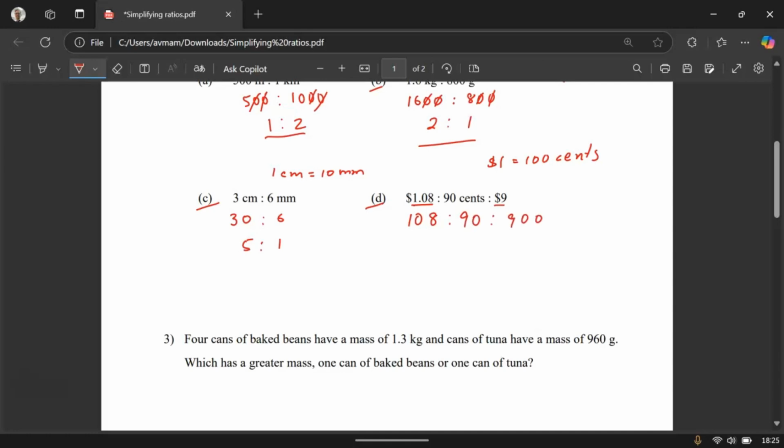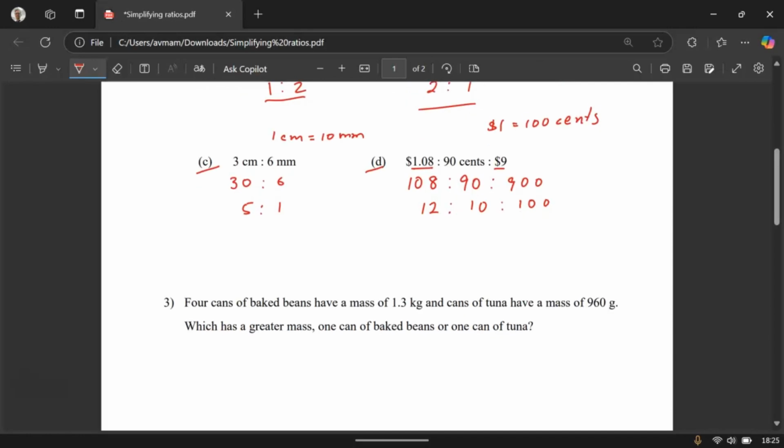Now let us divide by 9. 108 divided by 9 is 12. 90 divided by 9 is 10. 900 divided by 9 is 100. Let's divide by 2 again. This will be 6, this will be 5, and this will be 50. So the answer is 6 to 5 to 50.